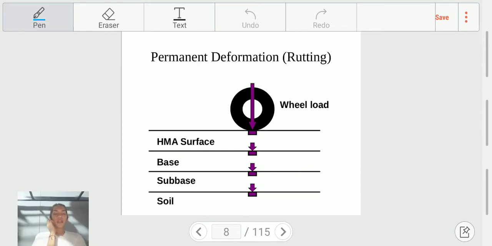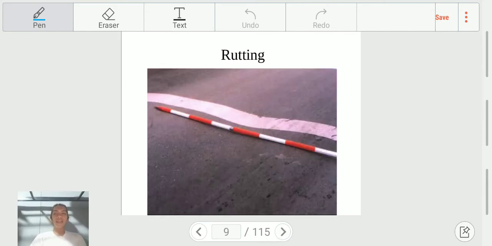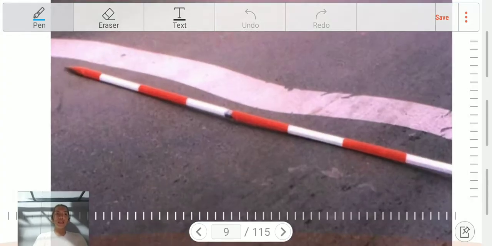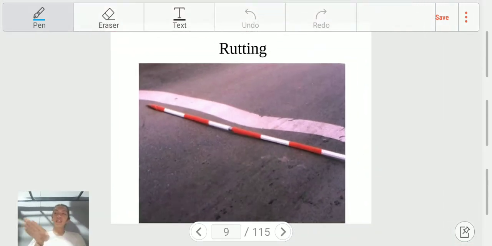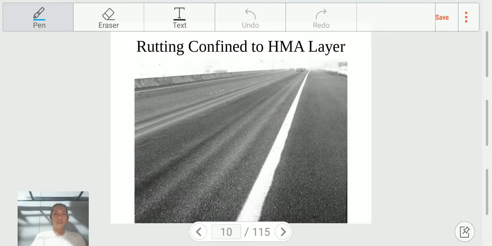Permanent deformation, rutting. We have the wheel and the soil under the base and HMA surface. Rutting is one of our failures. It has no cracks, but the highway is not plain. That is also rutting in the HMA layer.